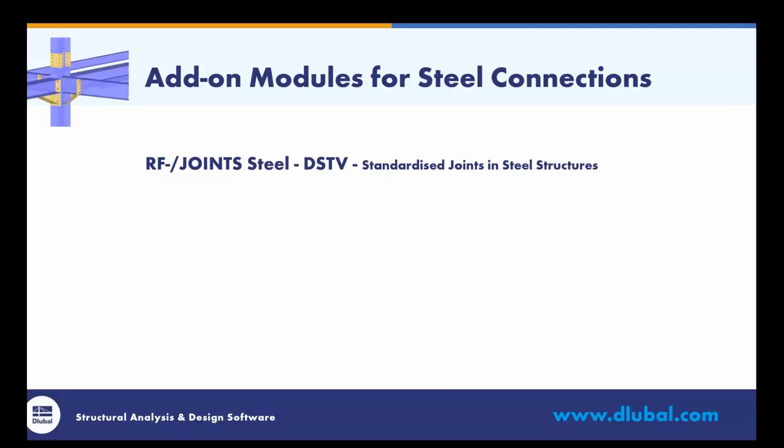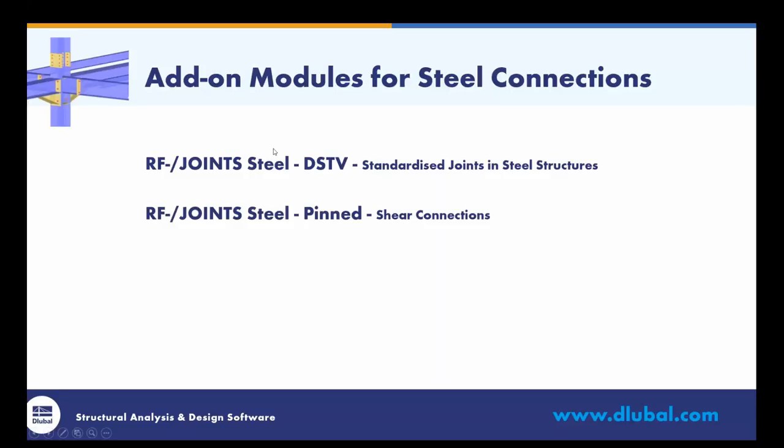So we have the Joint Steel DSTV, which is some kind of design collection for standardized connections according to the ring binder of the German Steel Construction Association, DSTV. This is a collection where you can look up permissible internal forces for a standardized connection. This is just for Germany, so we'll leave that out today.